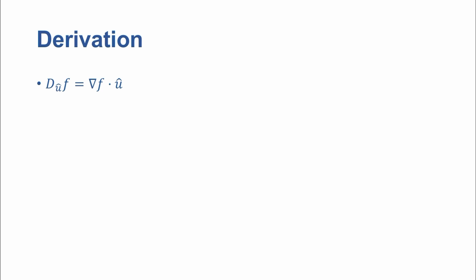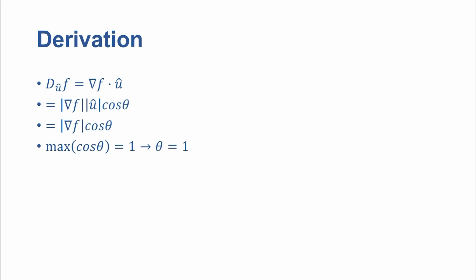If we know the angle between nabla f and u hat, we can use an alternative definition for the dot product. So this is equal to the magnitude of nabla f times the magnitude of u hat times the cosine of theta. Now we recognize that the magnitude of a unit vector is by definition 1, so this is equal to the magnitude of nabla f times cosine of theta.